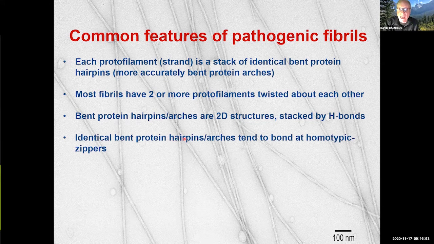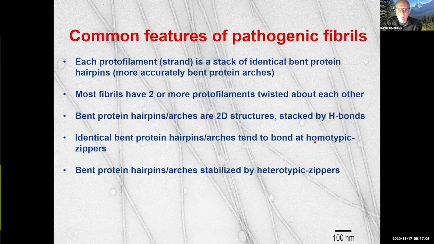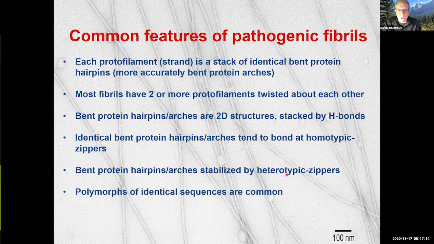These stacked hairpins and arches tend to bond at homotypic zippers. So when there are 2 or more protofilaments, we see that the 2 protofilaments bind at these homotypic zippers, but each chain is stabilized by heterotypic zippers as well, as I showed you.